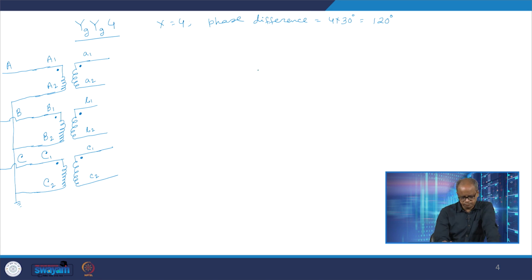Now we draw the vector diagram. The primary side vector diagram is always the trivial one.